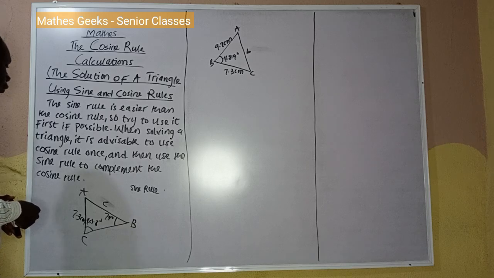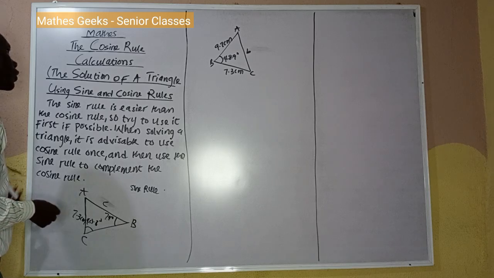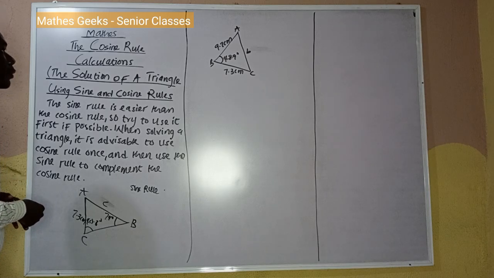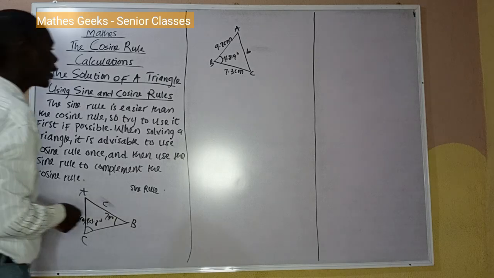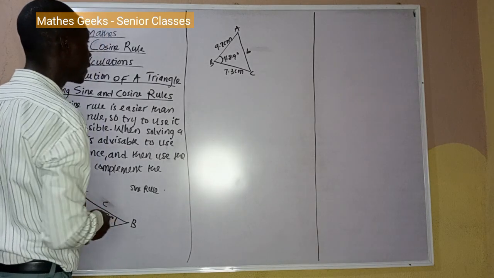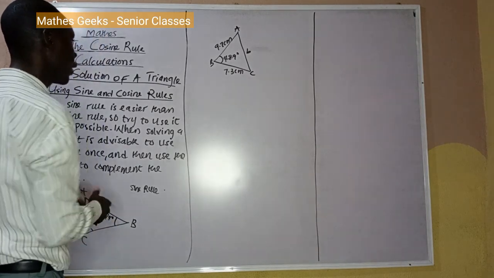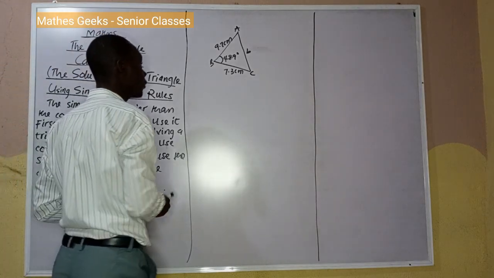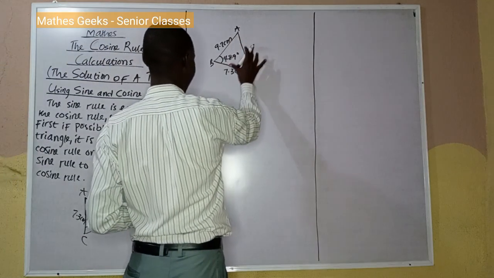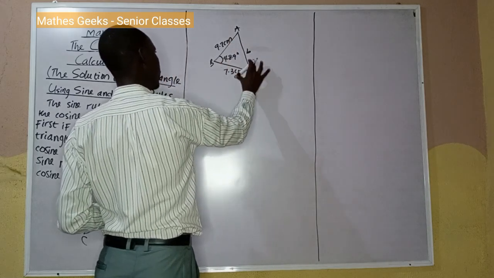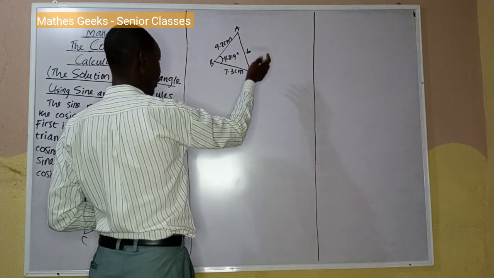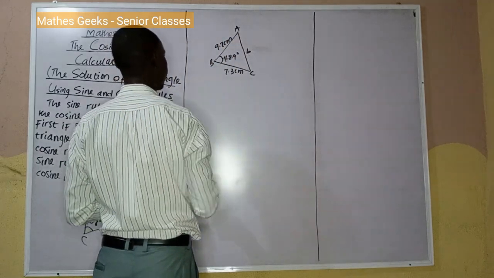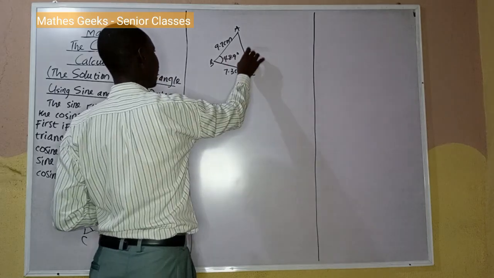If the sine rule is applicable, use it. If the sine rule is not applicable, then use the cosine rule, and that means that will be the first and the only time you're going to use the cosine rule. And after that, you can use the sine rule. And then when you are using the sine rule, like if the condition of the triangle you are going to calculate falls into this category where you must use the cosine rule first.